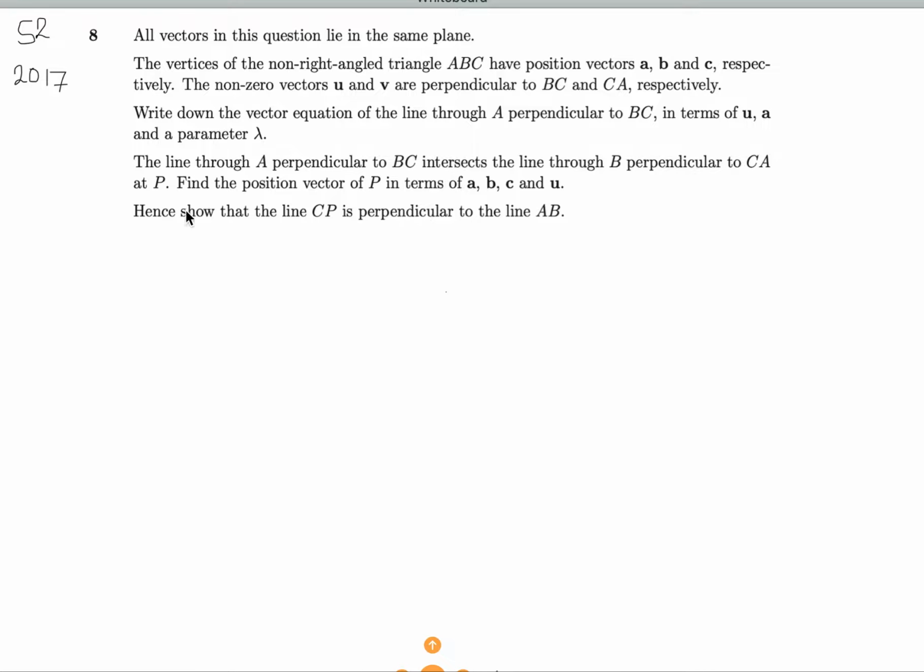Right, so the first thing that you'd want to do with any vector question is draw it out.